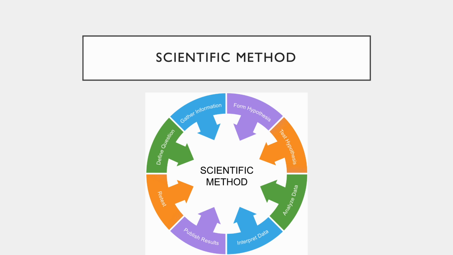You will notice that the graphic lays out what the basics of applying the scientific method are: defining the question, gathering information, forming a hypothesis, testing the hypothesis, analyzing the data, interpreting the data, publishing the results, and you can then retest and start all over if you wish.